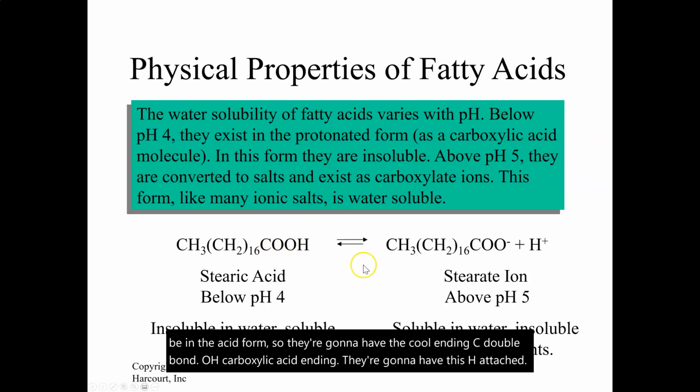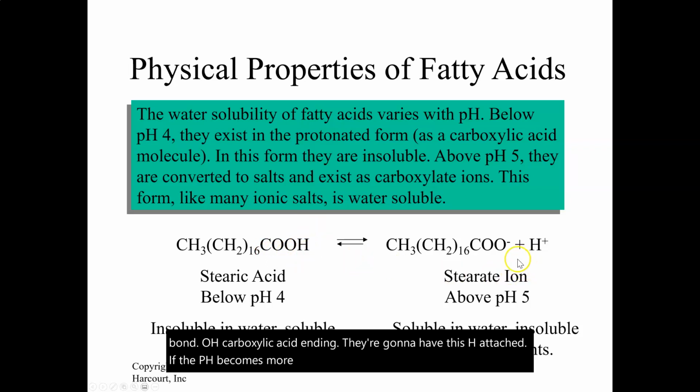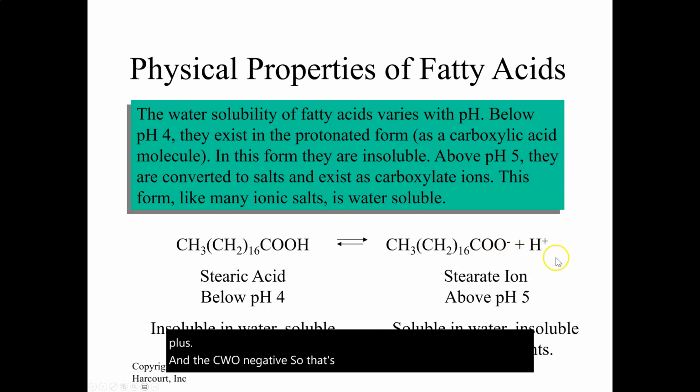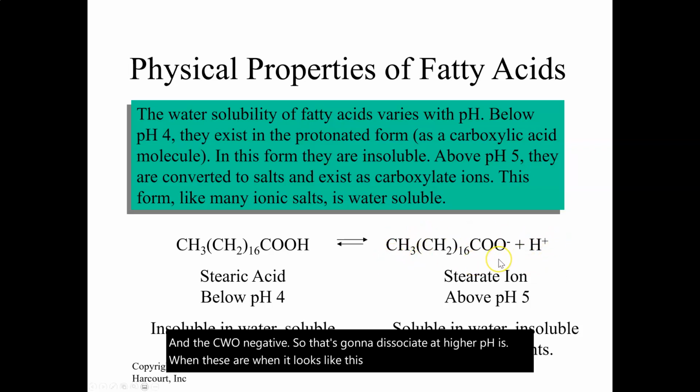If the pH becomes more basic, they're going to dissociate that H plus, leaving C double bond O, O negative. So that's going to dissociate at higher pHs. When it looks like this, it's going to be nice and water soluble. This is going to be polar, and this is going to be even more polar and able to dissolve in water.